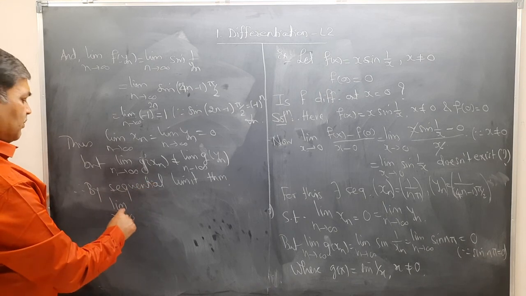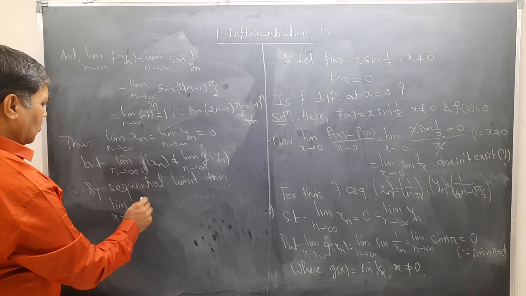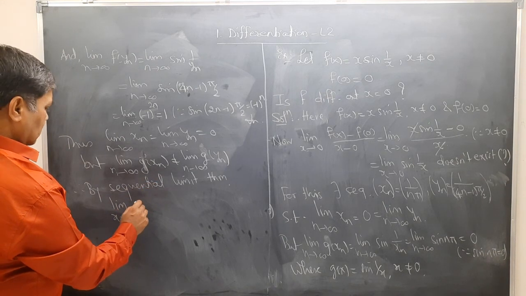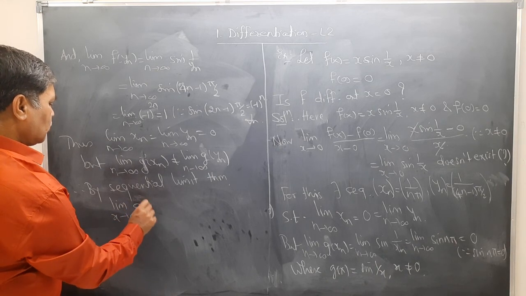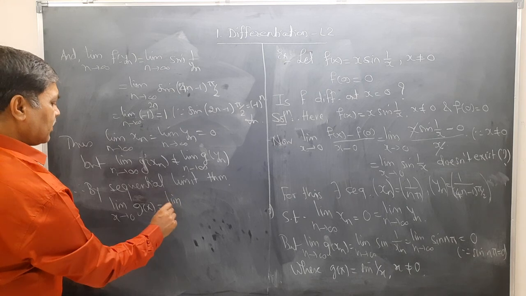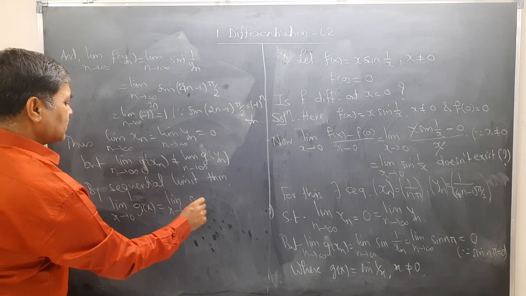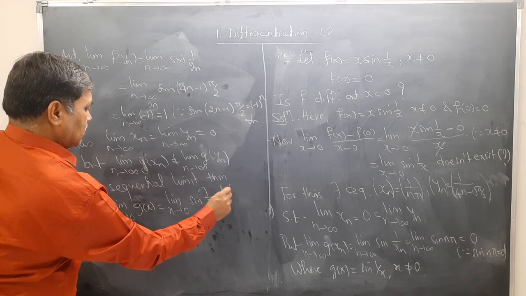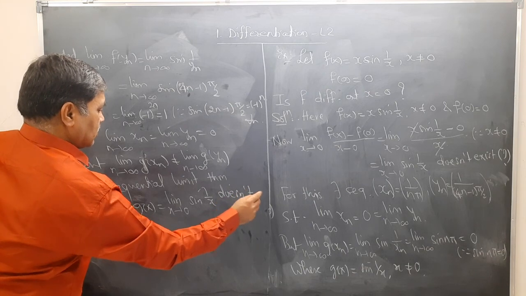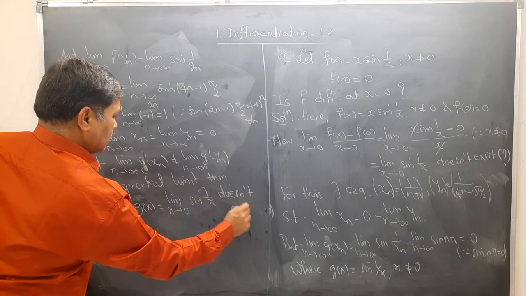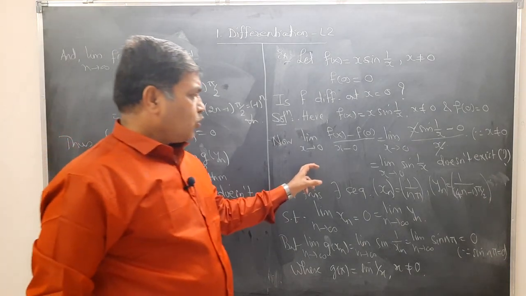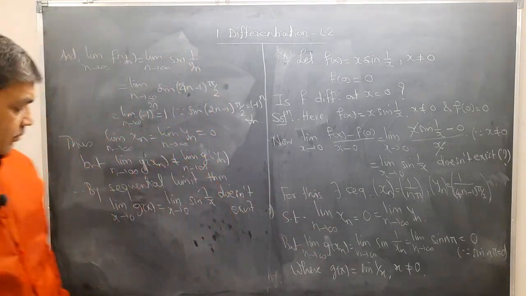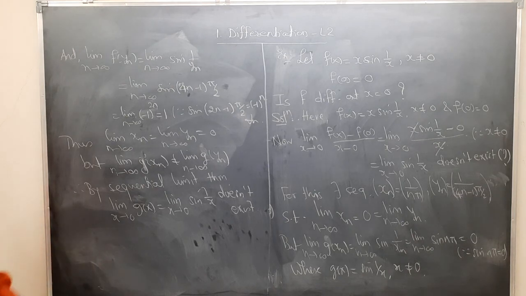So by the sequential limit theorem, the limit as x tends to 0 of g(x) is equal to the limit as x tends to 0 of sin(1/x), which doesn't exist. Is it clear? So this is the solution for this example.